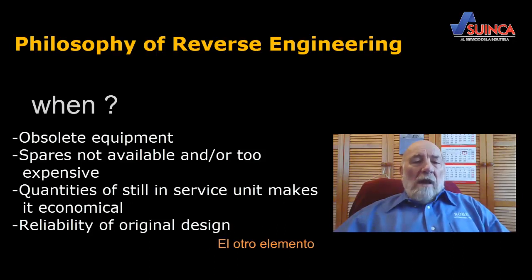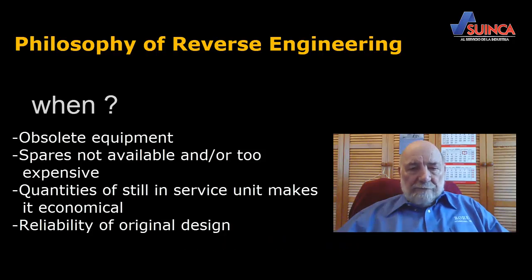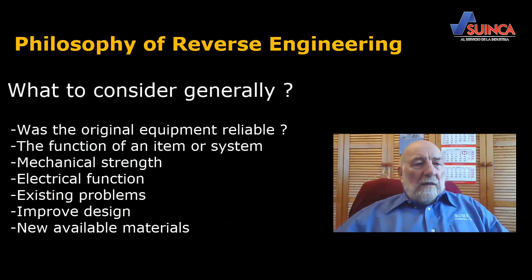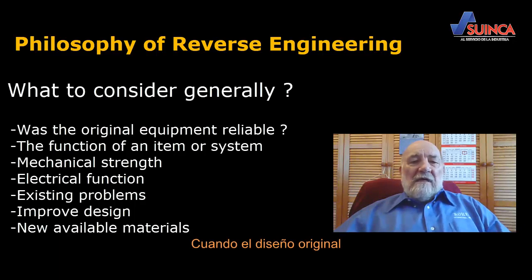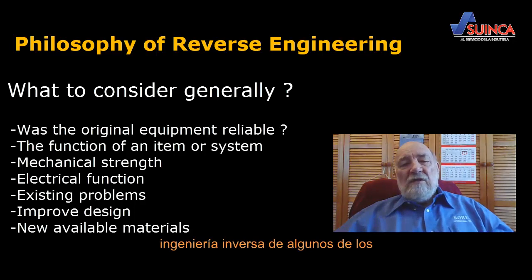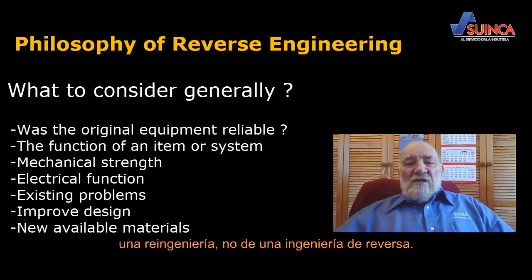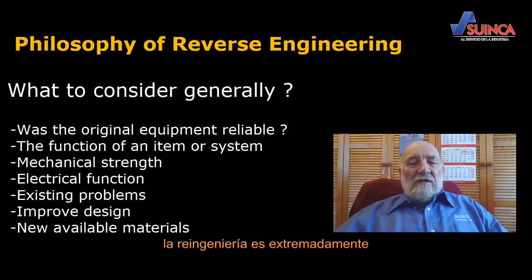Another very important item is to consider the reliability of the original design. When the original design was reliable, then a reverse engineering of some of the components is usually very economic and can be done. If the original design was not reliable, then we talk about a re-engineering, not a reverse engineering.